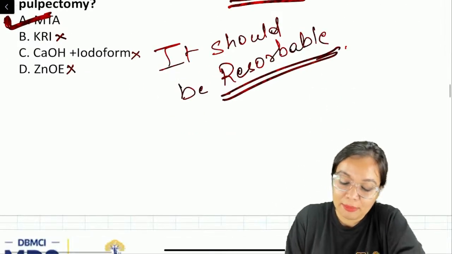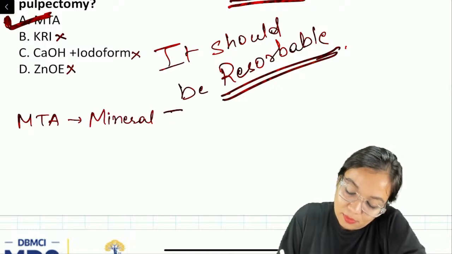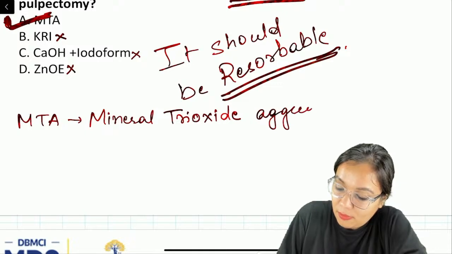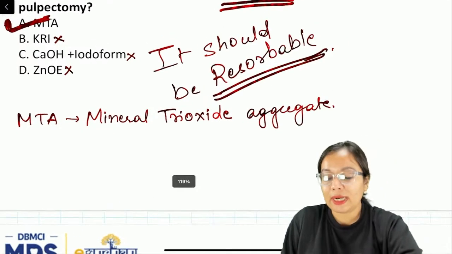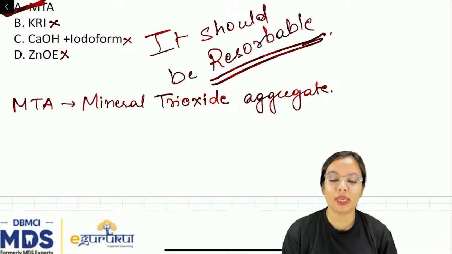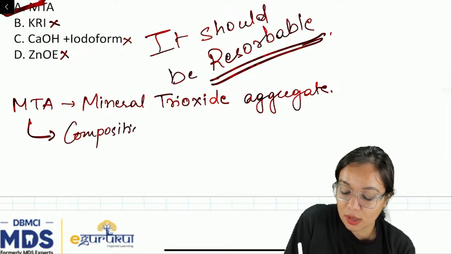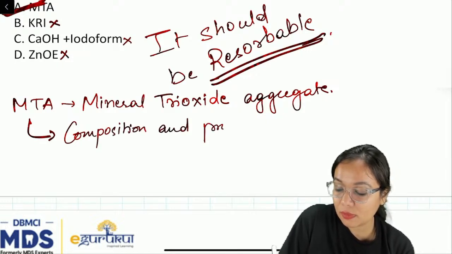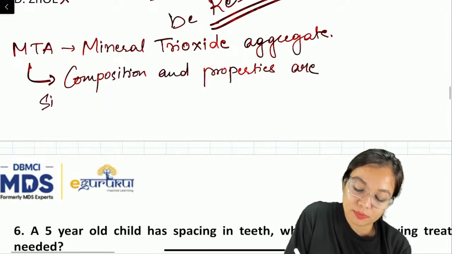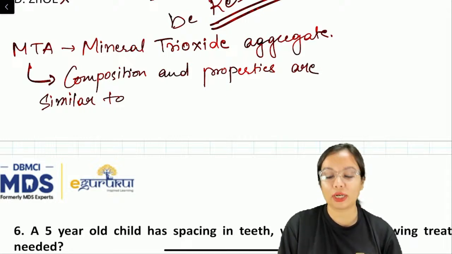So what exactly is MTA? MTA is mineral trioxide aggregate, and the most fascinating thing about MTA is that its composition and properties are similar to that of Portland cement.